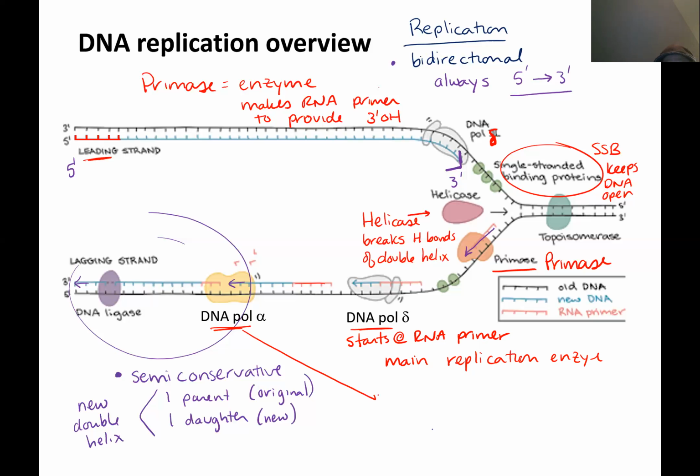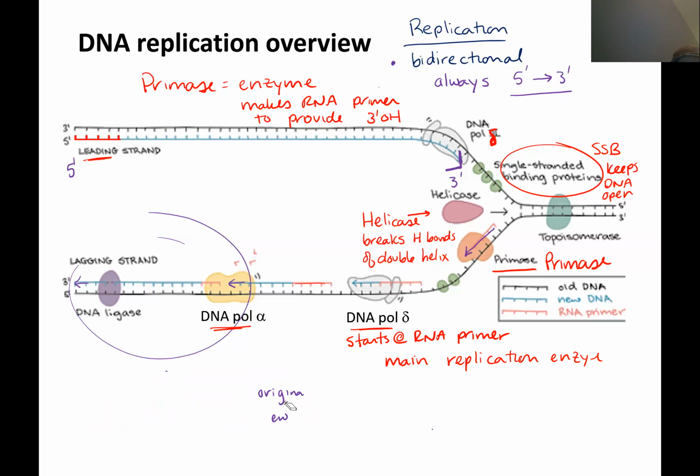DNA Pol alpha starts actually at this next DNA. So let's say starts at previous DNA fragment and removes the RNA primer.